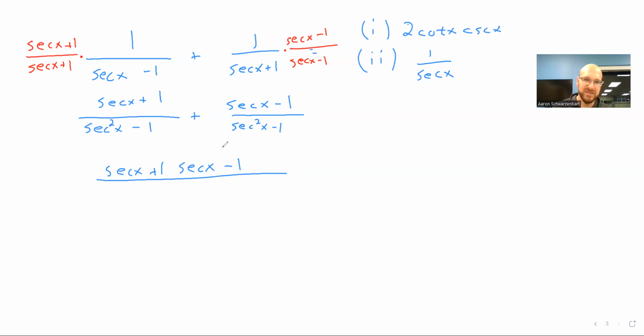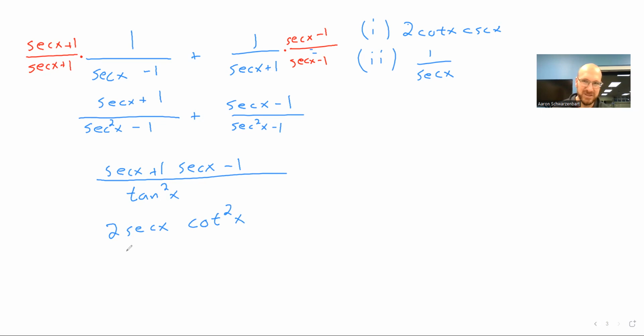That identity, they're the same, but there's an identity that tells me that that's tangent squared x. My numerator, plus 1 minus 1 cancels out, so I'm left with 2 secant x. 1 over tangent squared is cotangent squared. I'm guessing it's going to be number 1.